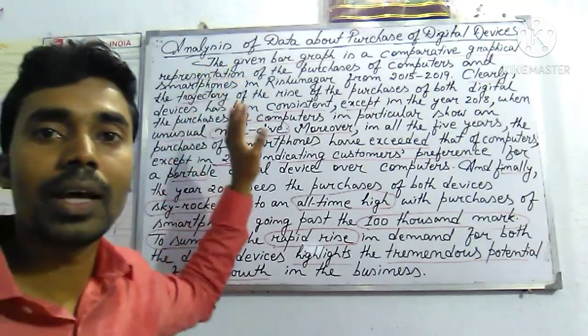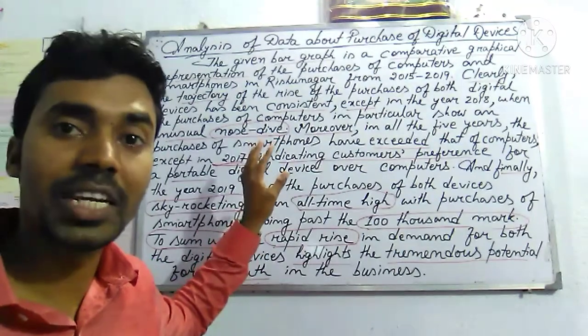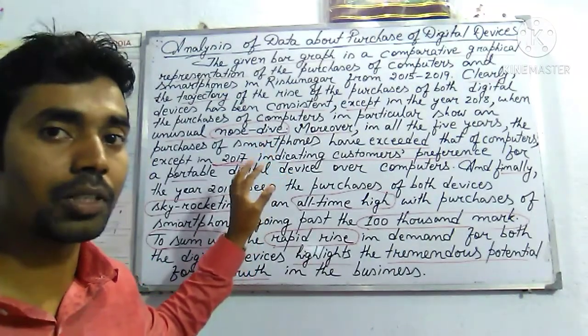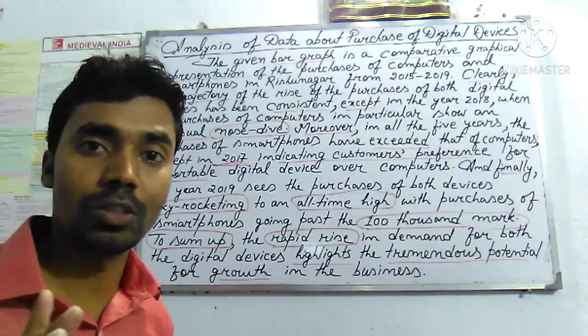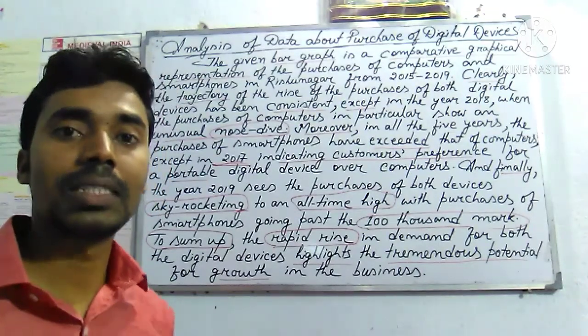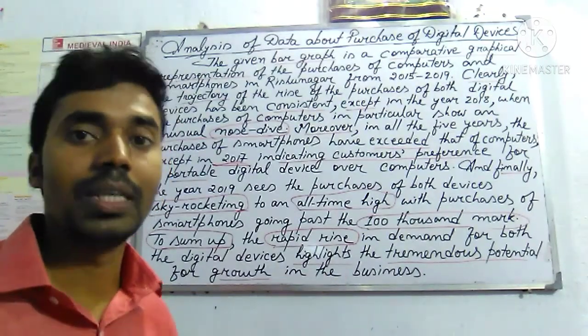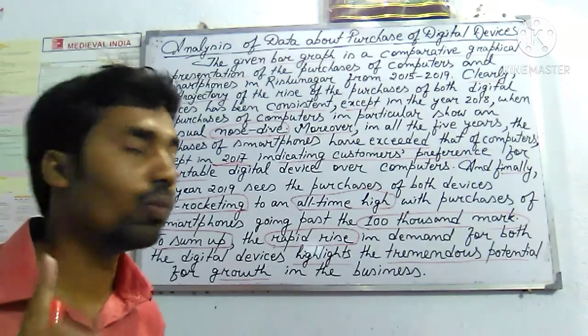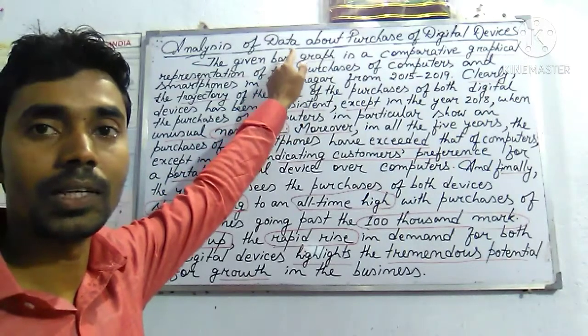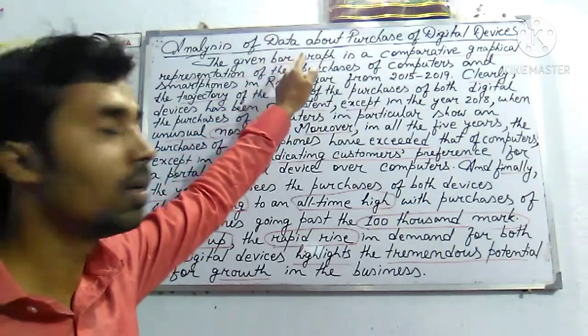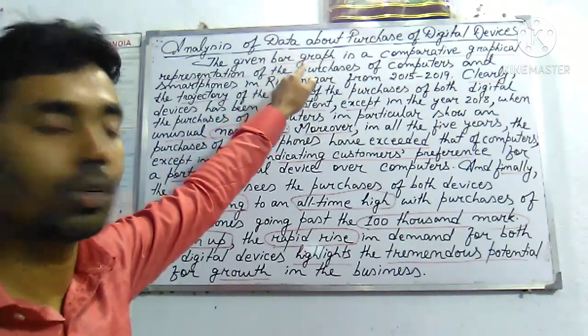Then we have given an introductory sentence, which will give us half marks. Here we will paraphrase the question, expressing the same idea in our own words. We have said the given bar graph, because the data was given in a bar graph, so we include the technical word, bar graph.